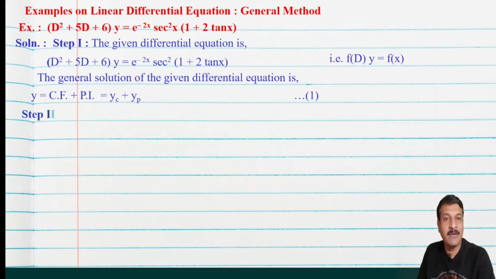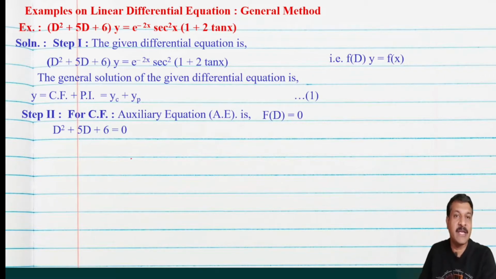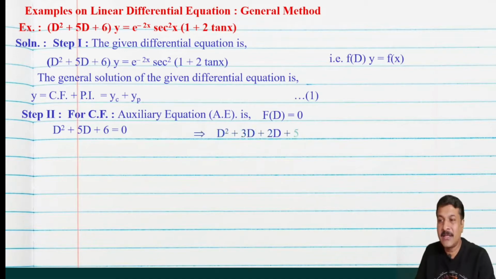So how to find yc? Step number 2 for the CF: the auxiliary equation is the coefficient of y put to 0, that is your auxiliary equation f(D) = 0. So what are the factors? Here 6 and here 5. It means that the factors are (D + 3)(D + 2).